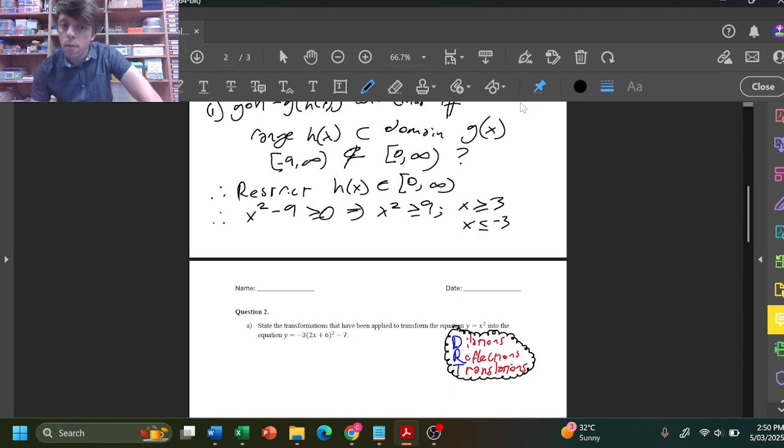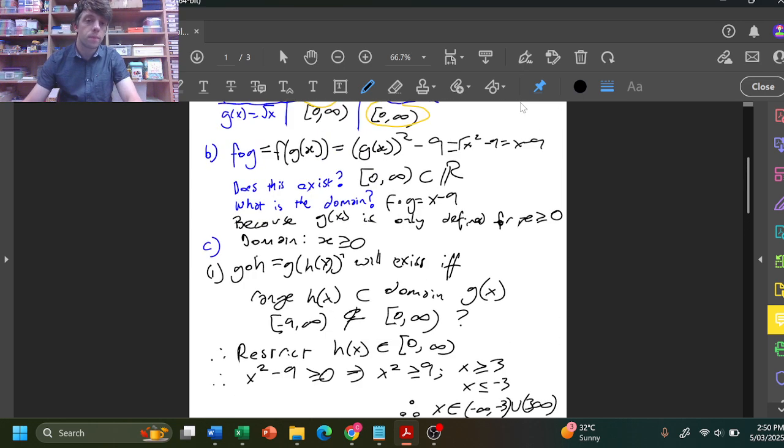If x is, say, for example, -2, -2 squared is equal to 4, which is not larger than 9. So these are our two requirements. So that tells us that x needs to be an element of the numbers from -infinity up to -3, union with 3 up to positive infinity. So those are our requirements for g of h to exist.